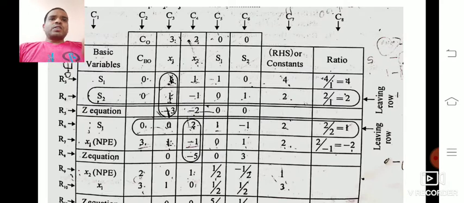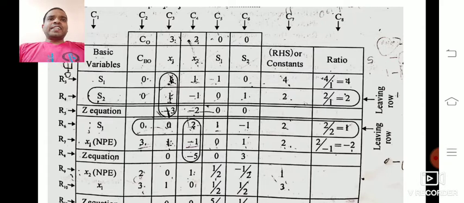Now in the R5 row, the Z equation, we need to go for the further step. That indicates that we are going to delete the S2 row, and instead in the S2 row we are going to enter the values of the entry column, that is x1. The C3 column we call the entry column, and the S2 row we call the leaving row.